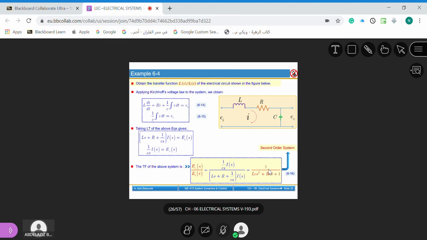Here we have almost the same idea, but we added an inductor to the previous circuit. And we do it in the same way. We take the inner loop, which is this one, I, and the outer loop, which is this one here also.